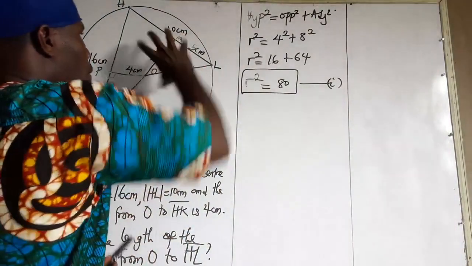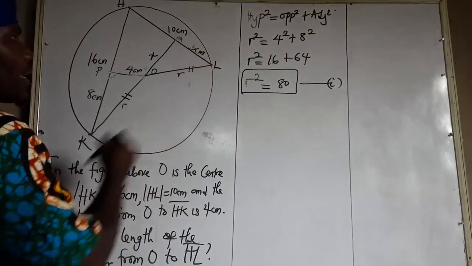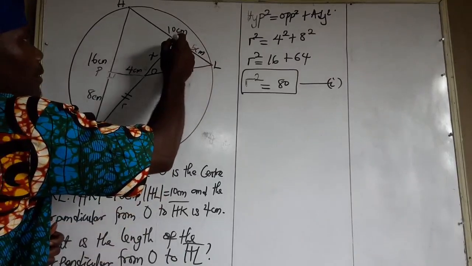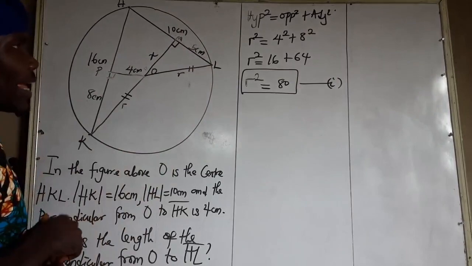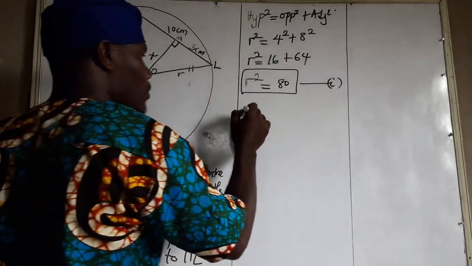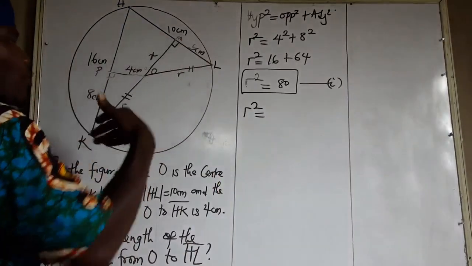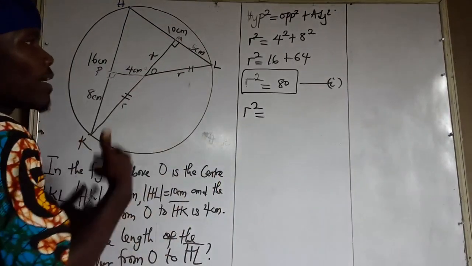So let's also consider triangle OML. In OML, you discover that R is also the hypotenuse. We have R squared equal to X squared plus 5 squared, since the other sides are opposite and adjacent, depending on where the angle falls.